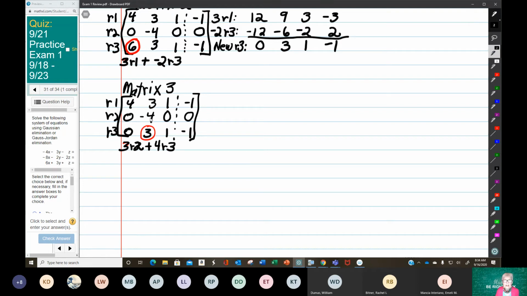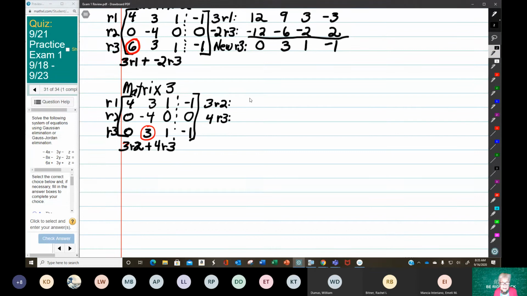I'd have 3 times negative 4 is negative 12, and 4 times 3 is positive 12. That would give me a 0 in that position. So here we go. 3 times row 2 and 4 times row 3 will give me this.